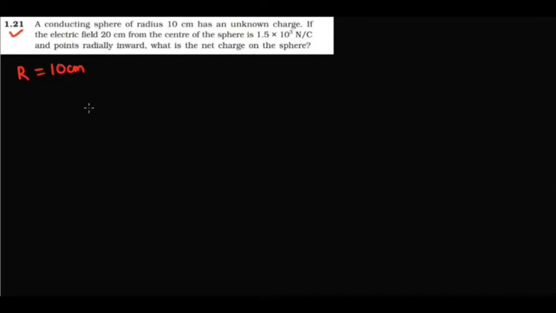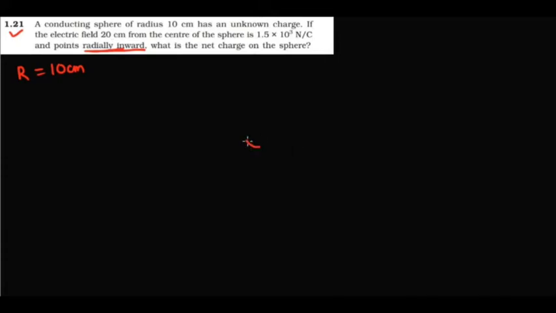But it is given that the electric field at a distance of 20 centimeter from the center of the sphere is 1.5 into 10 to the power 3 Newton per coulomb, and it points radially inward. From this clue, you can predict that the charge is negative, because if a body is negatively charged, then the electric field will be radially inward.